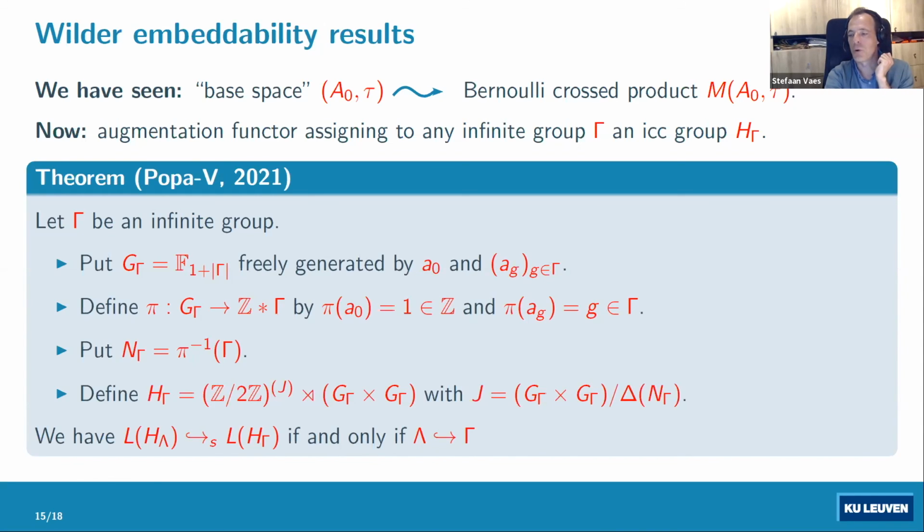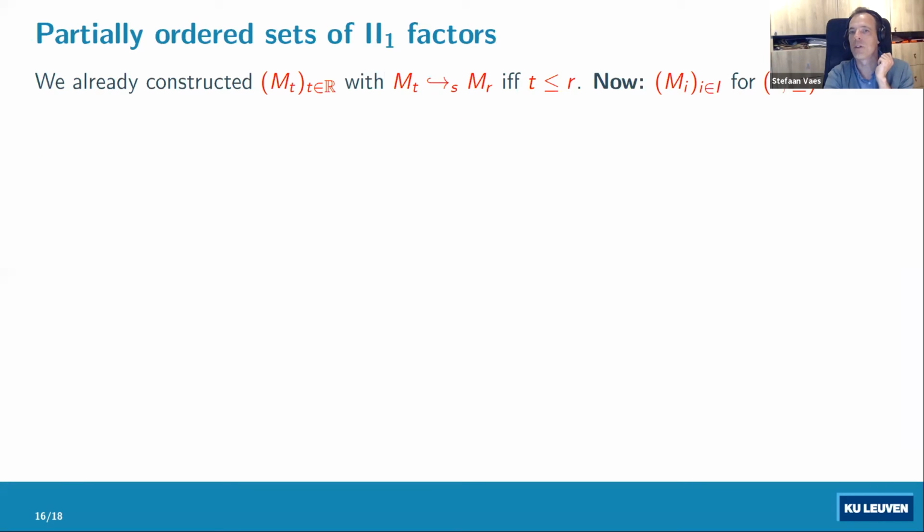That can be exploited to prove all kinds of wild families of II_1 factors.